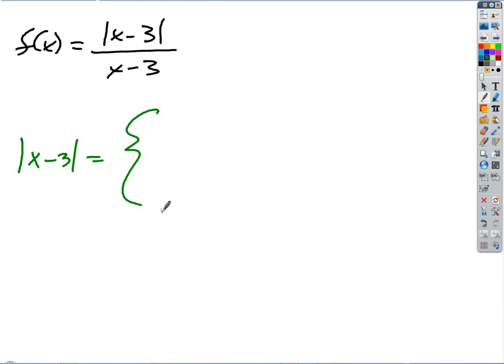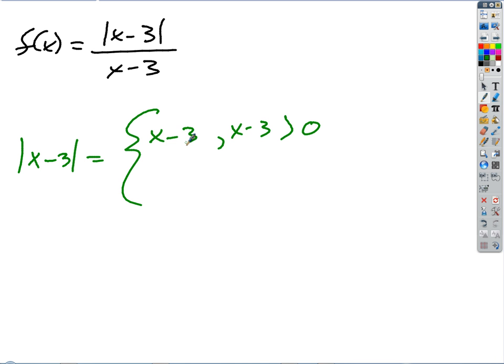Absolute value of x minus 3. What are the cases? I mean, what are the things that the x minus 3 could do? If x minus 3 is positive, you already told me, the absolute value function does nothing, right? So when x minus 3 is greater than 0, the absolute value of x minus 3 is just x minus 3, right? Okay.